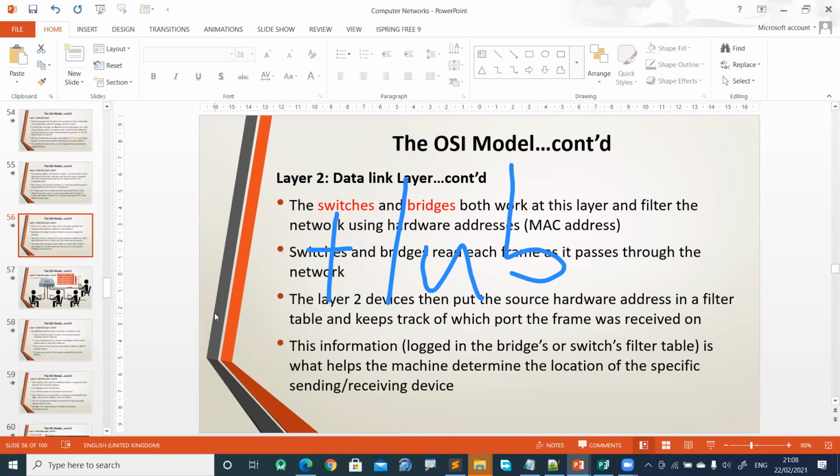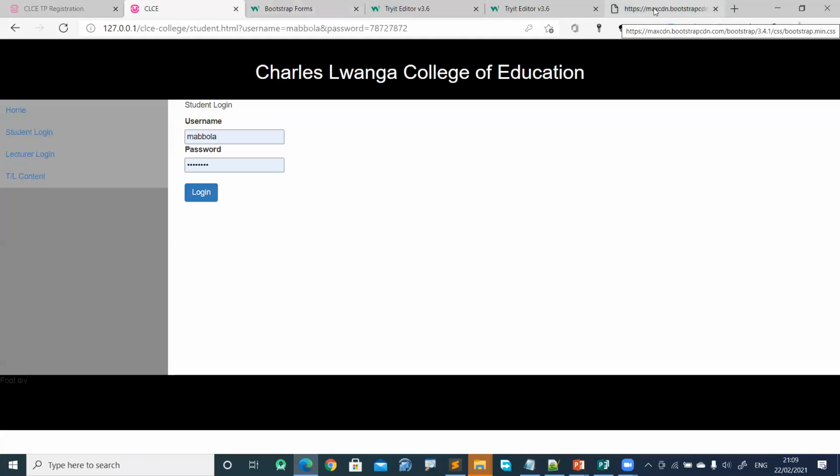The appearance of a hub and the appearance of a switch look the same, no difference. They will all have many ports. I think we already saw them on the internet, so there's no need for me to open them unless you want to. Should I open, or do you already know them?